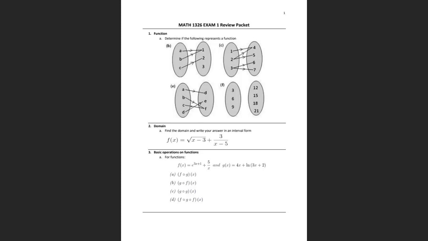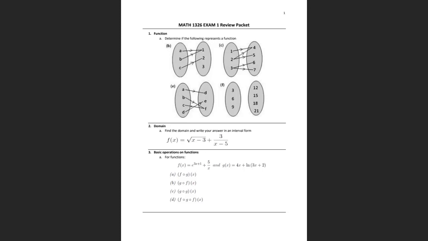Yeah, so I just plugged the G function into the F function. Is that right so far? Yeah, you plug the G function into the F function. So I plugged in 4x plus natural log 3x plus 2 into both the x's.